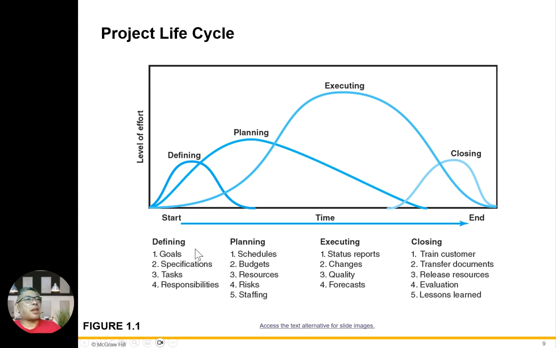Planning covers the schedule, budget, resources, risk, and staffing. Executing covers status reports, changes, quality, as well as forecasts. Closing is training the customer, transferring documents, releasing resources, evaluation, and lessons learned.